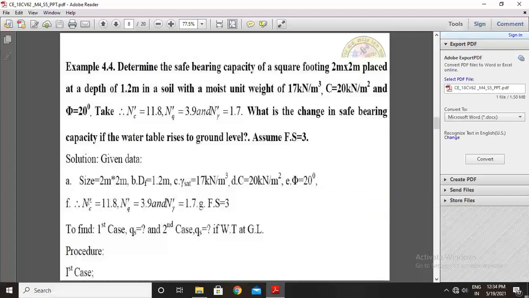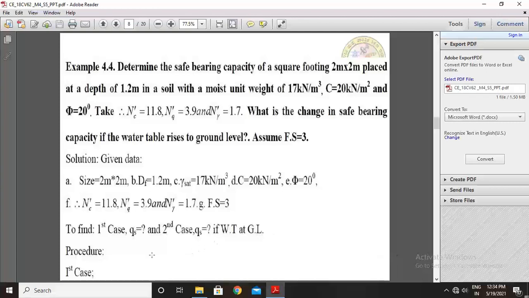And the bearing capacity factors are given: NC dash is 11.8, NQ dash is 3.9 and N gamma dash equal to 1.7, and factor of safety is given 3. Then to find, in the first case, safe bearing capacity QS equal to how much, and in the second case QS equal to how much, that is safe bearing capacity if the water table is at ground level. So this is the complete given data.